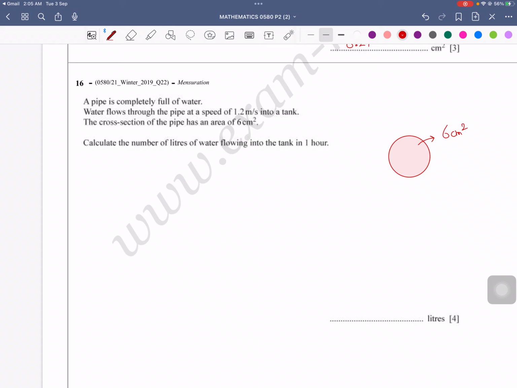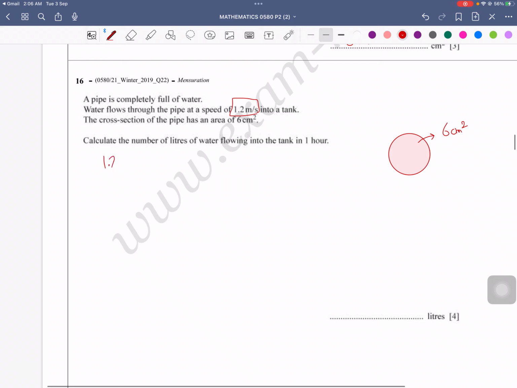Let's first find the total amount, and this is the speed of the water. So let's find how much water can actually go through the pipe. This is the first thing that we will need to figure out, how much of it can go through the pipe in an hour.